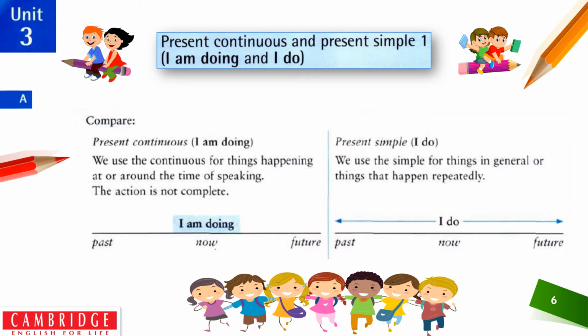For example, you see past and now and future. The effect is there, the past, now and the future. Ultimately, it is now. At the same time, it is spread in past as well as in future. We use the simple for things in general or things that happen repeatedly, not to indicate that we use simple present tense.